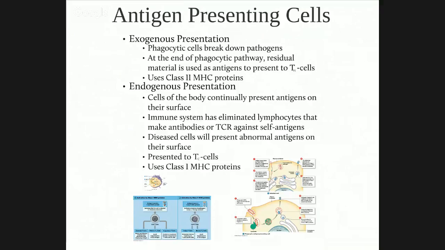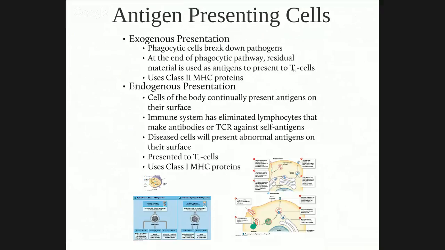But occasionally a cell goes bad. We've already seen a case in this semester where a neuron can suddenly start making a protein incorrectly. The alpha-synuclein that the cells that are going to die in PAF make, that would not be a self-antigen. That would be a sign of a diseased cell.